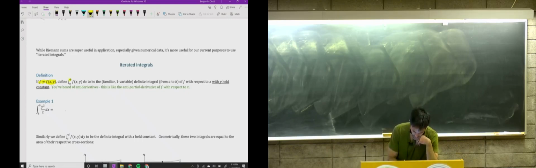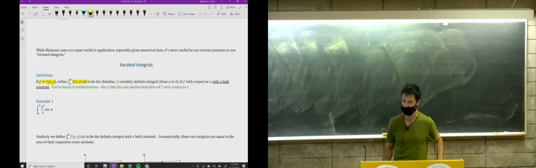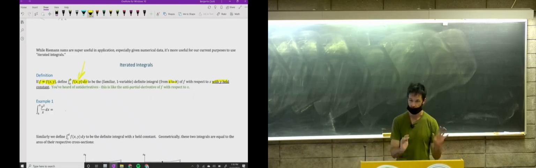If I write down the definite integral symbol, that is an integral sign with a subscript and a superscript for the lower and upper limits, of f of x y dx, that means you just take the familiar one variable definite integral of this expression from a to b, and you treat y as a constant. Whatever it is, it's just some constant, just leave it as y. So that's fine. Your answer will, in general, depend on y.